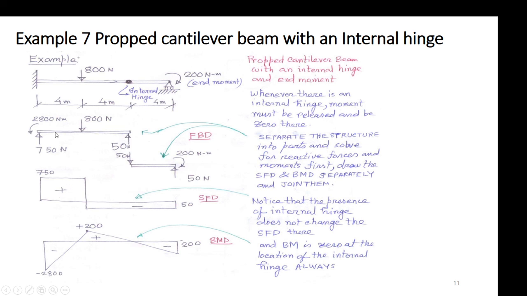In fact, this part will more or less look like your first problem, where you have a central concentrated load, but mind that the reactions are different because there is a moment working at the end due to the fixed support, and you have a difference in the shear force diagram, not the same magnitude on both sides. So I hope that you will not face any problem in drawing this diagram here.